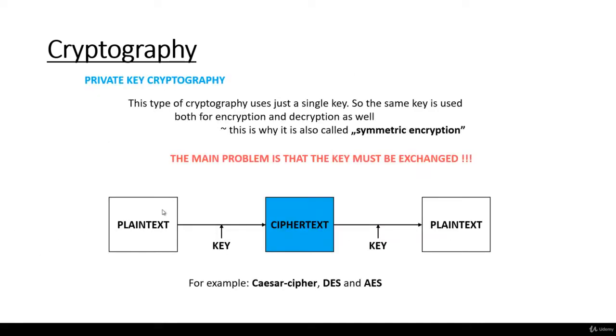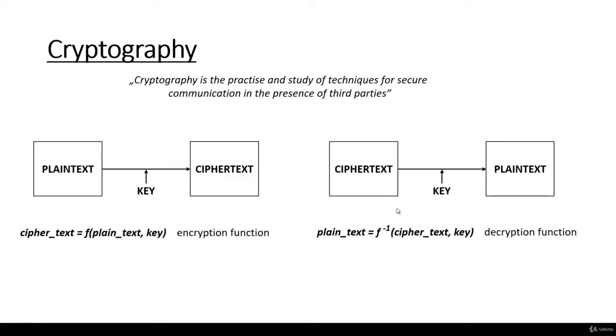This is exactly what's happening here. The plain text is transformed into a ciphertext with the help of this private key. And because it is symmetric encryption, the same key is used in order to generate the plain text from the ciphertext. This is what we have been discussing as well, that the decryption function is the inverse of the encryption function.